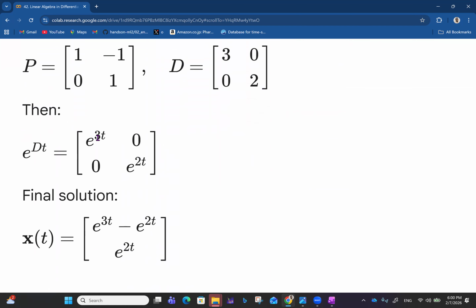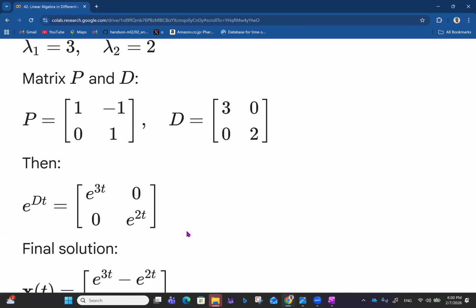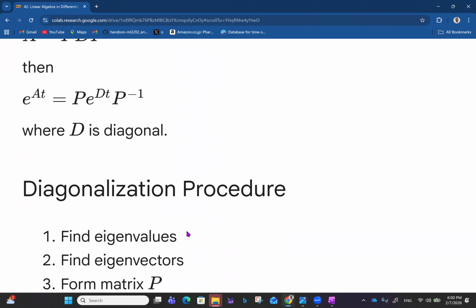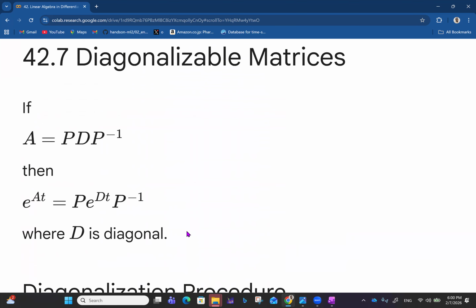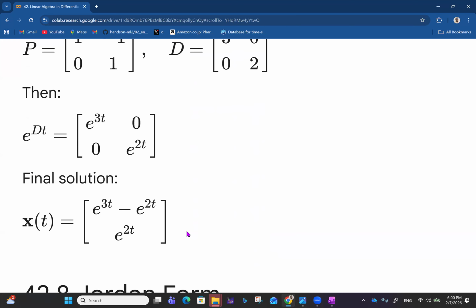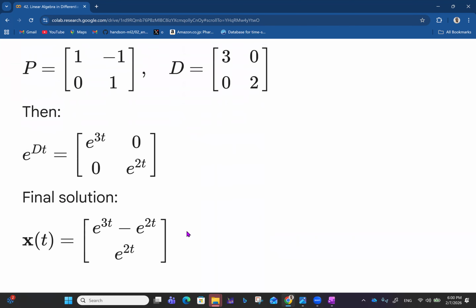This gives e raised power 3t minus 2t, then e raised power 2t down here. So we have that solution right there.